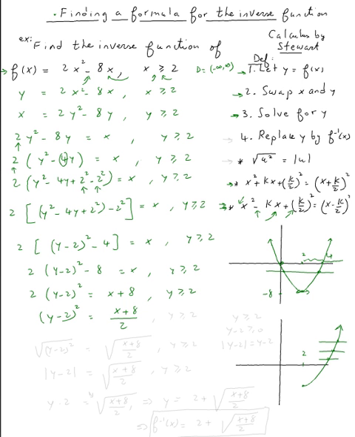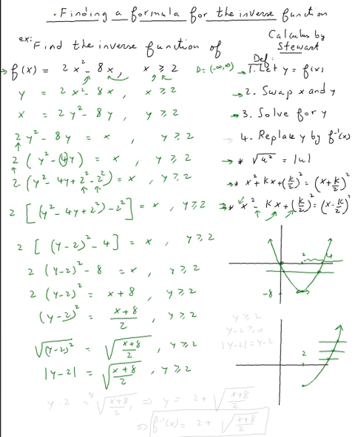Now I have to take the square root of both sides to get the y. Remember, the square root of y minus 2 squared is the absolute value of y minus 2. This is why you need y to be bigger than or equal to 2.